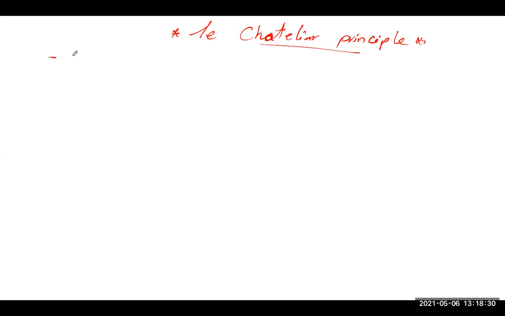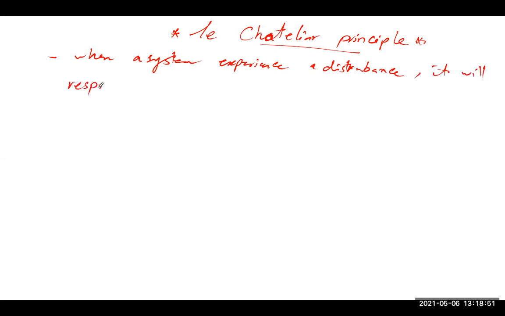And he stated that when a system experiences a disturbance, this system will respond in a way to decrease or remove this disturbance.